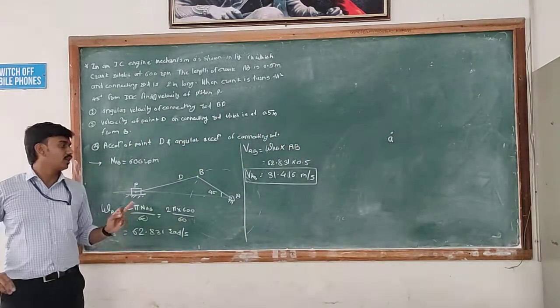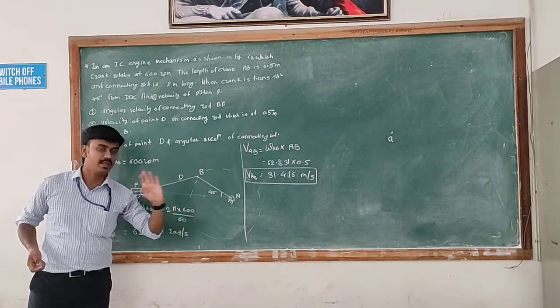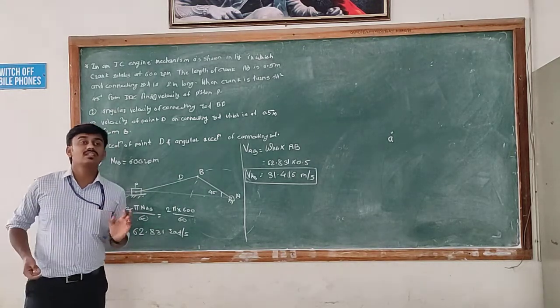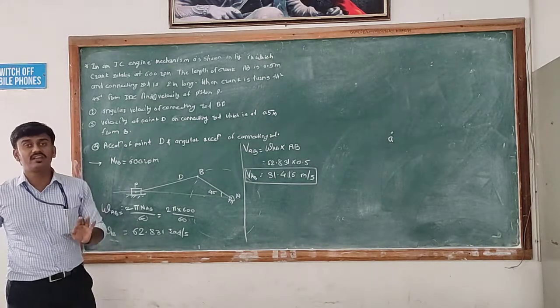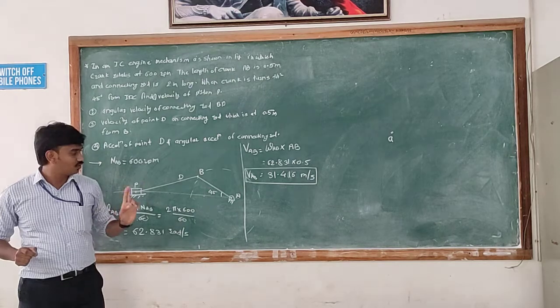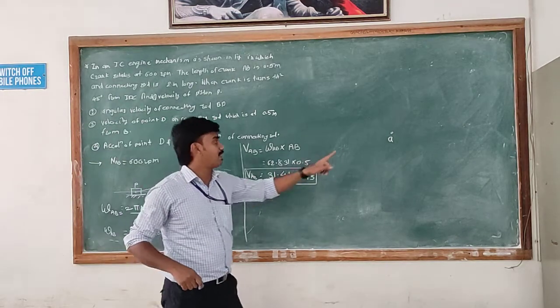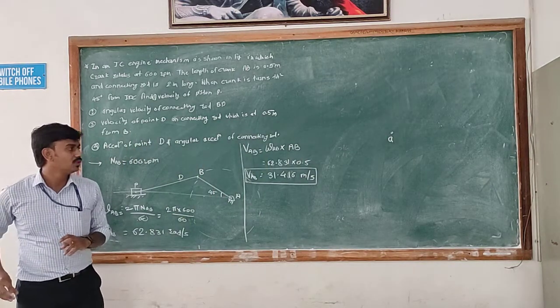Now we have to draw the velocity vector for link AB. As we discussed, the velocity vector is always perpendicular to the link length. So draw a line which is passing through point A and perpendicular to AB.